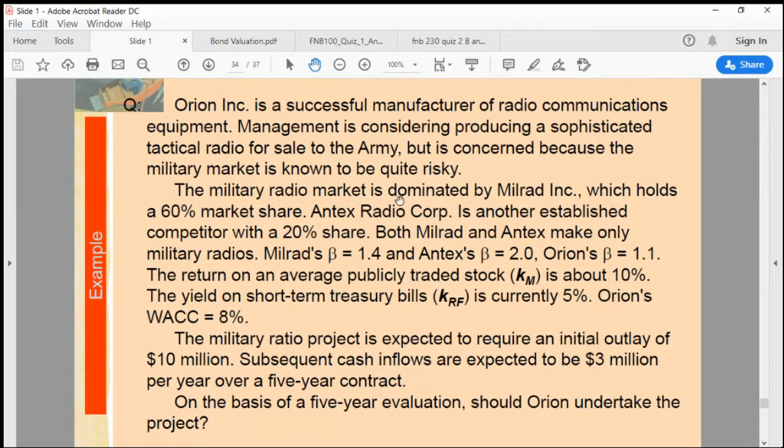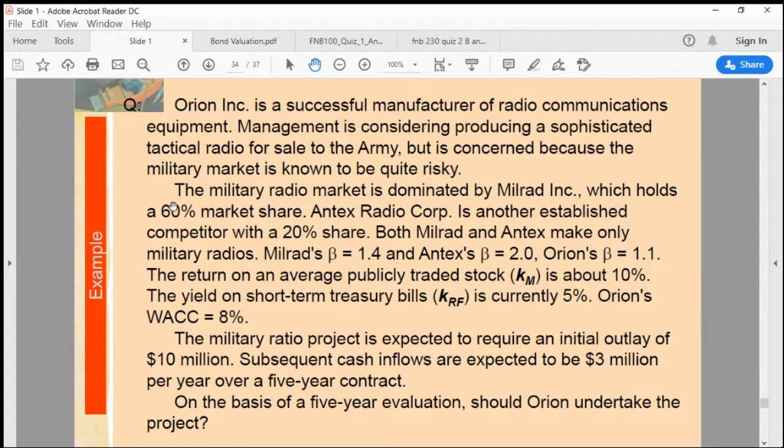The military radio market is dominated by Milrad Inc., which holds a 60% market share. Antex Radio is another established competitor with a 20% market share. Both Milrad and Antex make only military radios.